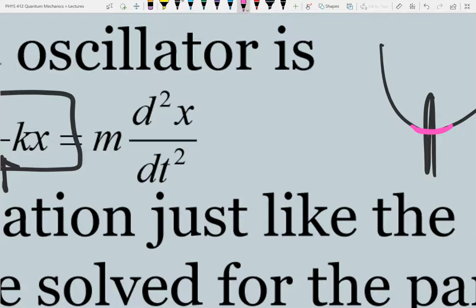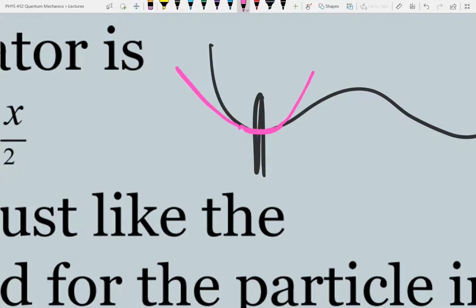Now, if you get farther away, this rule might go like this on one side and like this on the other, and you're like, okay, well, it clearly diverged if I got outside of this box. But inside that box, if the amplitude is small, so it stays within that box, it's behaving like a simple harmonic oscillator. So that's why we talk about it when we talk about chemical bonds.